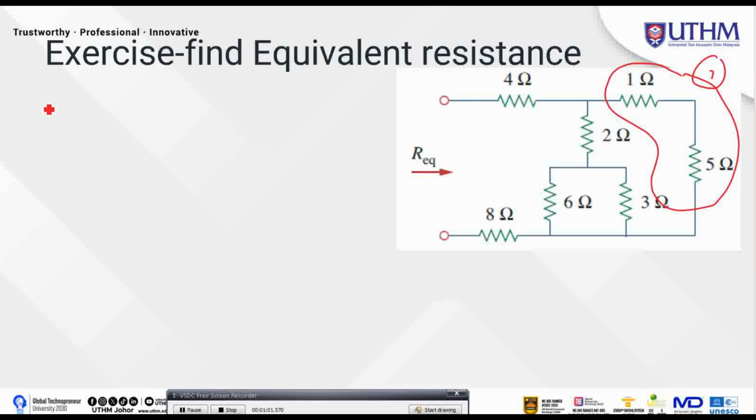So let's say R1 is equal to the 1 ohm resistor added with the 5 ohm resistor, so we will have a 6 ohm resistor. So this is R1.